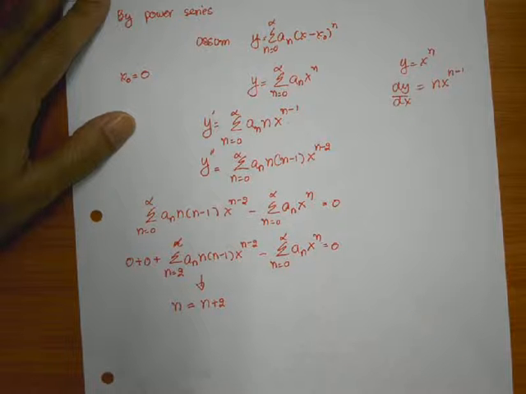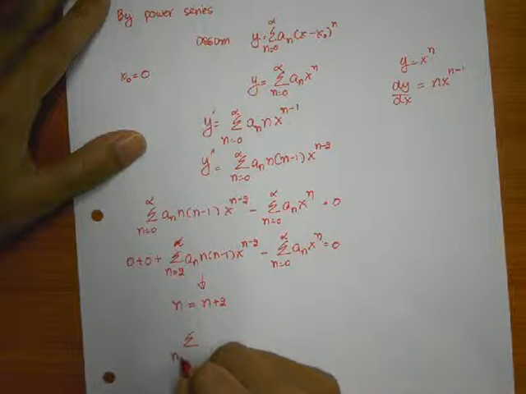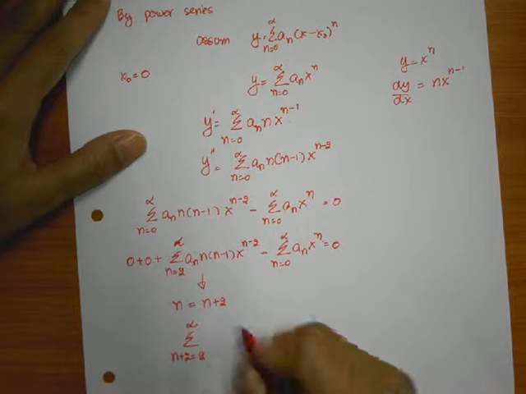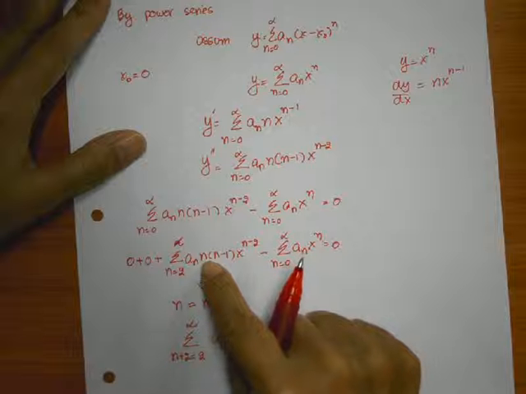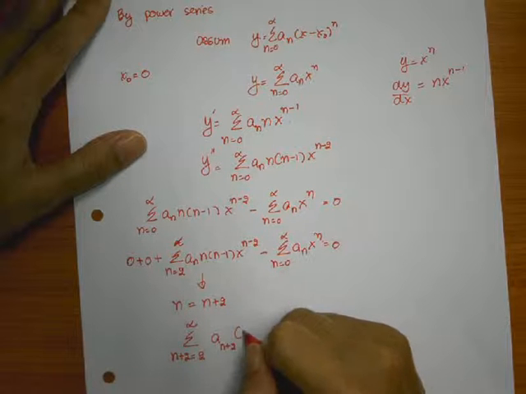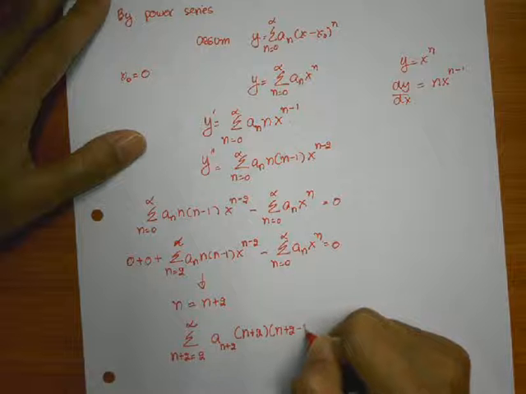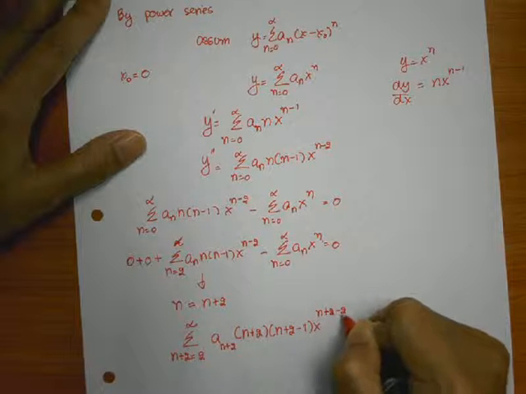Okay. So we would get summation n plus 2 equal to 2 till infinity. A n plus 2. This n, you put it as the n plus 2. n plus 2, n plus 2 minus 1, x to the power n plus 2 minus 2.